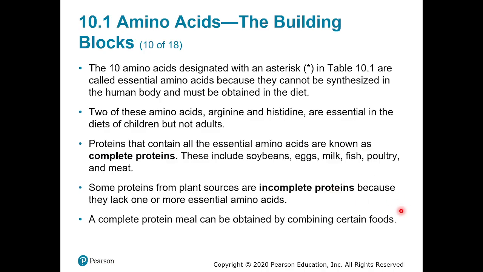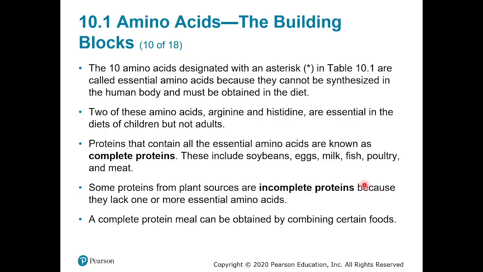Some proteins, especially those from plant sources, are what are referred to as incomplete proteins. It doesn't matter how much of them you eat, you will never get all the proteins you need in your diet, and so you always have problems. In fact, you can end up starving to death and yet being huge and getting way more calories than you could possibly ever need, right?